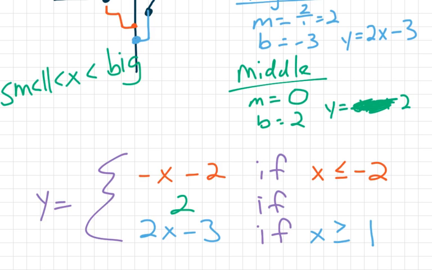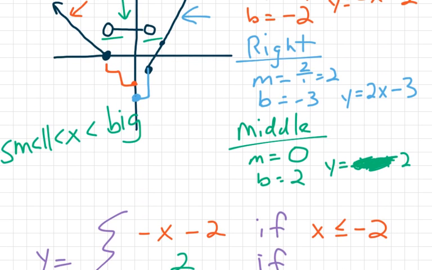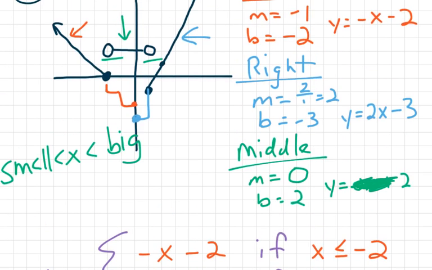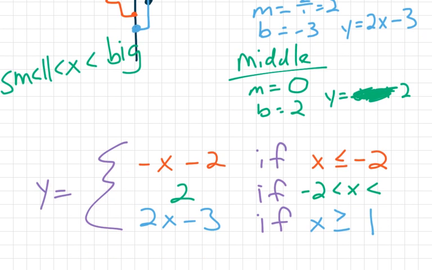Okay. So then the smaller of the 2 x values is right here. That would be an x value of -2. So we're going to say -2 is less than x, which is less than. Now the biggest one, the bigger x value is right here. That would be an x value of 1. Okay, so we can say that y is equal to just 2 if x is between -2 and 1.